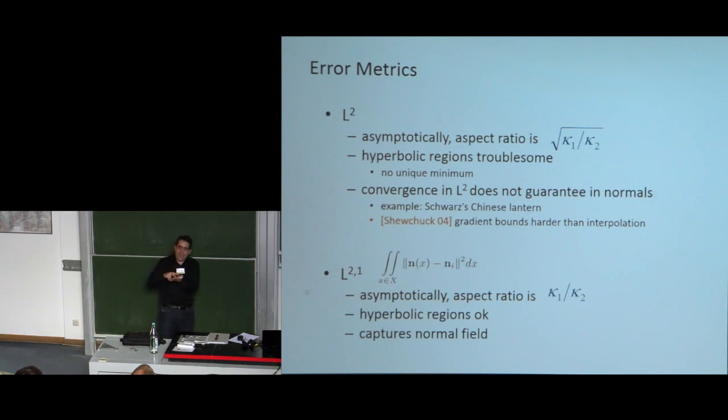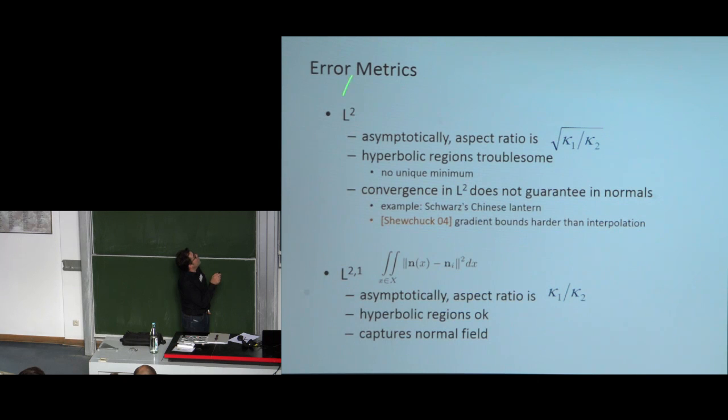If you look at that error, this integral L2, fortunately, if you choose the L2 error, the local optimum, namely the best fitting plane, exists in closed form. Okay? Although it's an integral formulation, you can derive a closed form from that. Basically, all you need is to compute the covariance matrix of the set of triangles, and there it is.